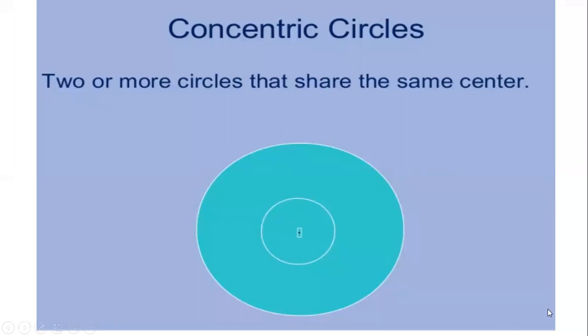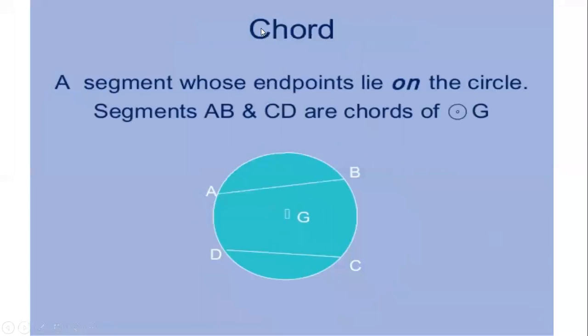Then if we look at another term, which is the chord. The chord is a segment whose endpoints lie on the circle. The chord doesn't necessarily need to pass through the center, but the endpoints lie on the circle.